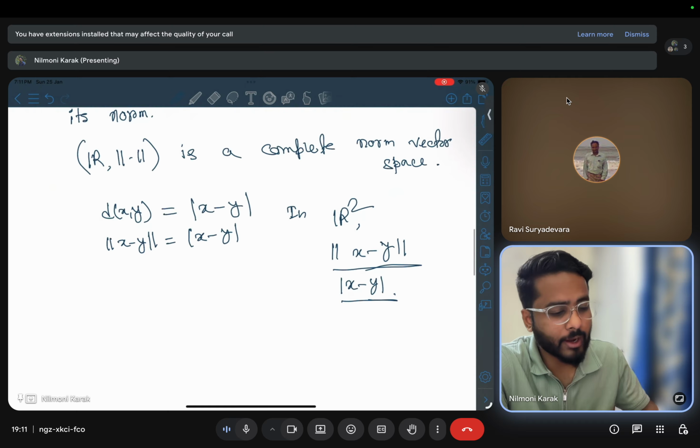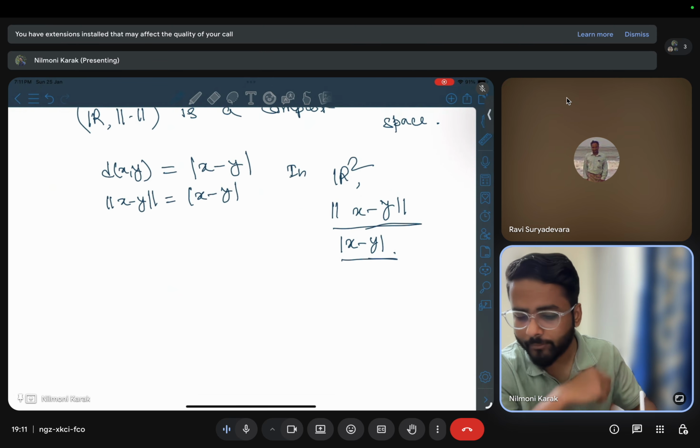And what is a complete metric space? Complete means completeness.